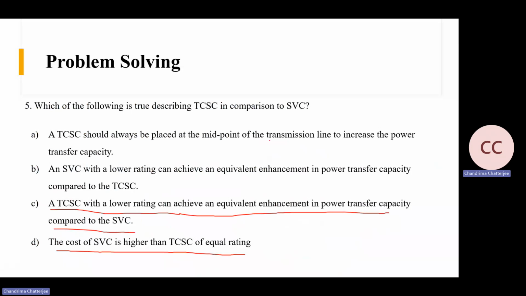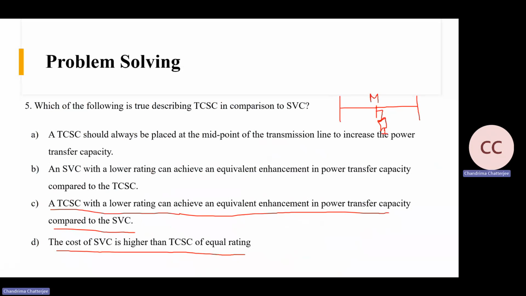Now, while studying SVC, we saw that we always used to consider that the SVC is placed at the midpoint, right? That's what we always considered. So the effectiveness of SVC is maximum when it is placed at the midpoint.